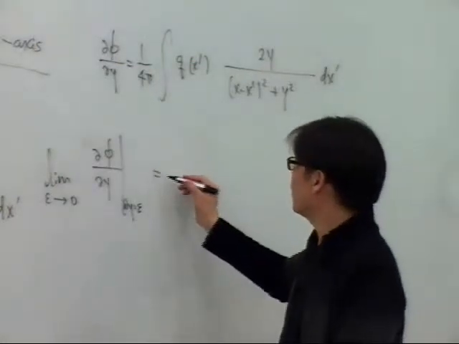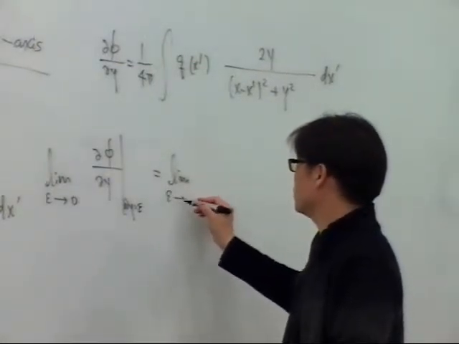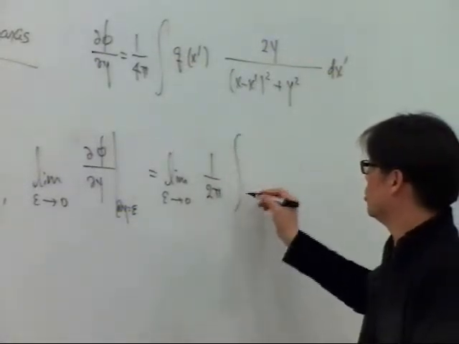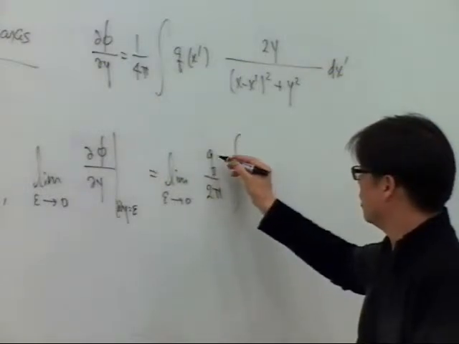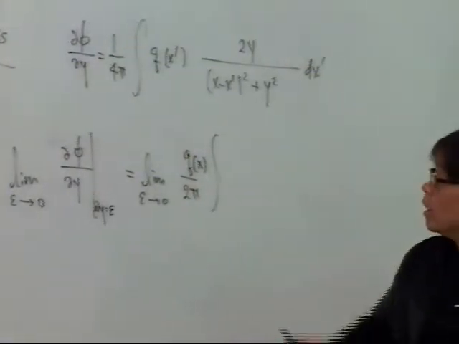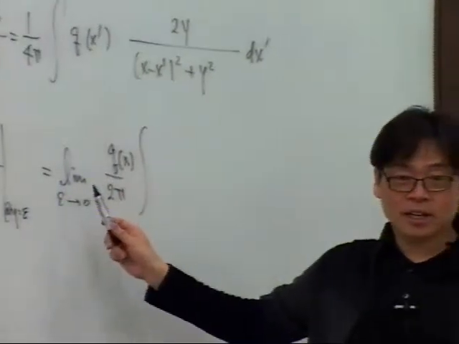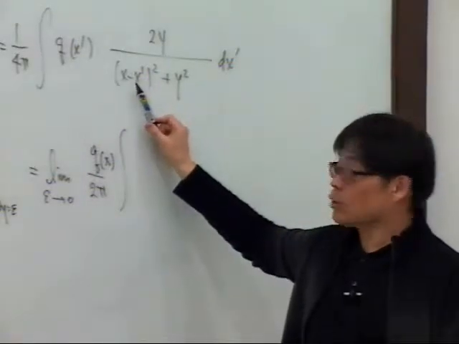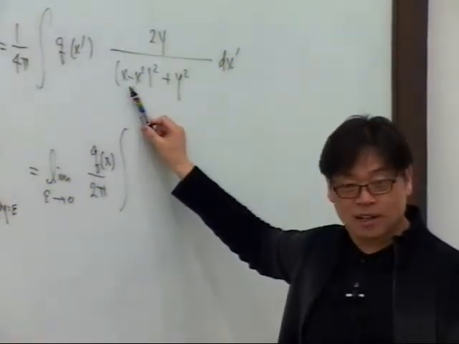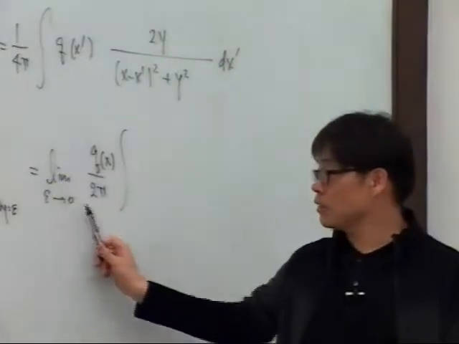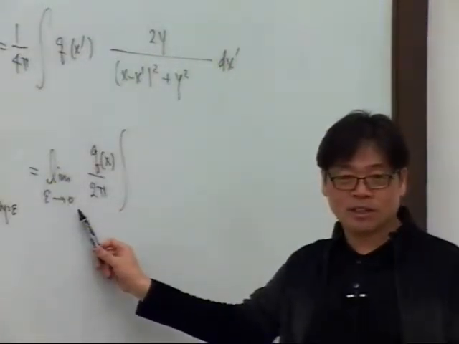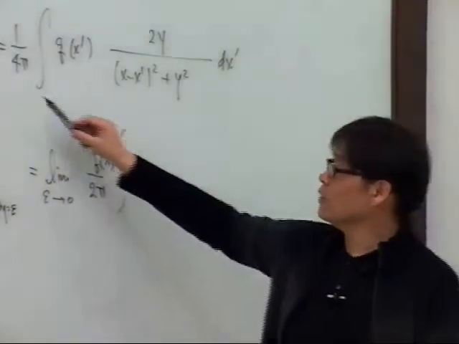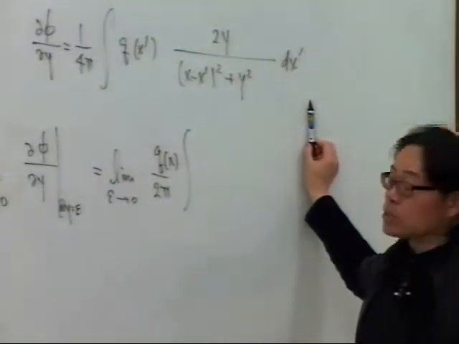So what I have is the following. I have a limit, epsilon going to 0, and then I have 1 over 2 pi. I pull this guy outside, because I'm only interested in x prime equal to x. Otherwise, this term is 0 when I take the epsilon going to 0 limit. Are you with me? I'm trying to evaluate this integral at y equal to 0.